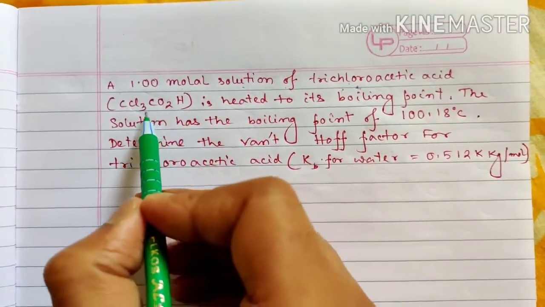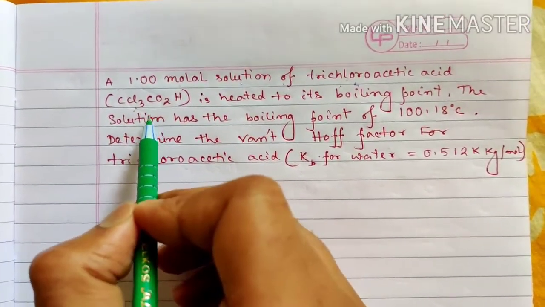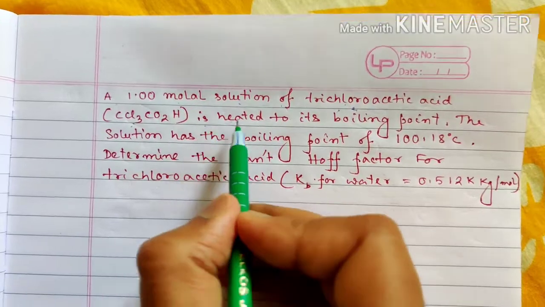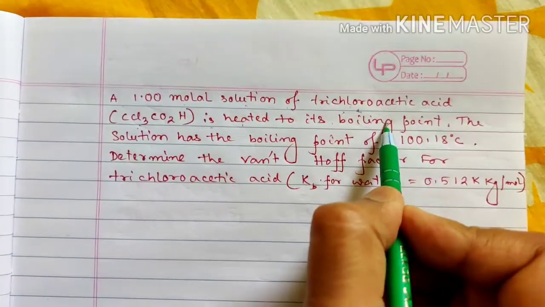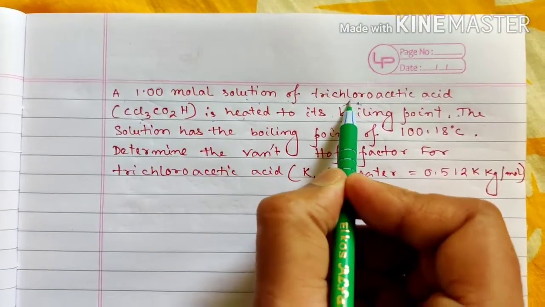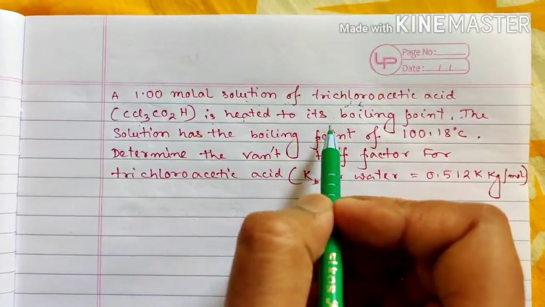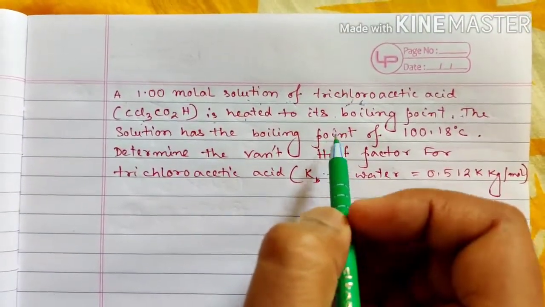So it is Cl3CCO2H. In place of CH3, 3 hydrogens are replaced by 3 chlorine. It is heated to its boiling point. So obviously it is a solution of trichloroacetic acid. That means water is mixed with this solute. So there will be an elevation in boiling point.